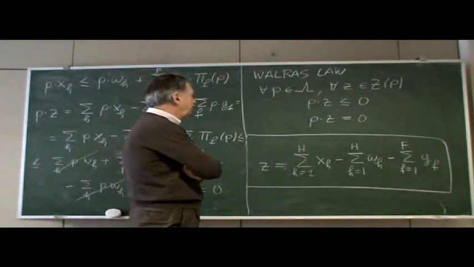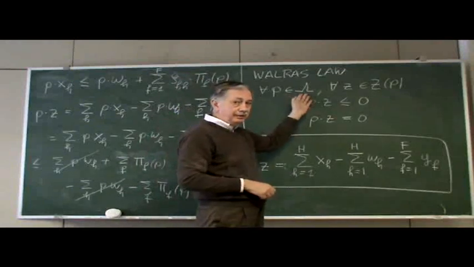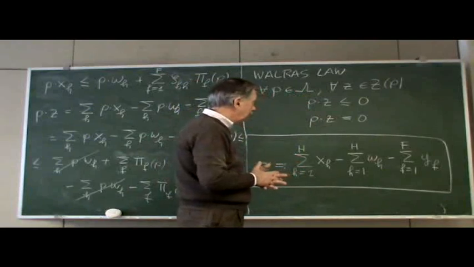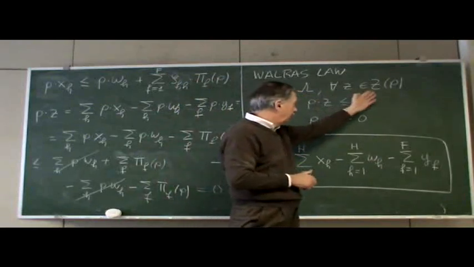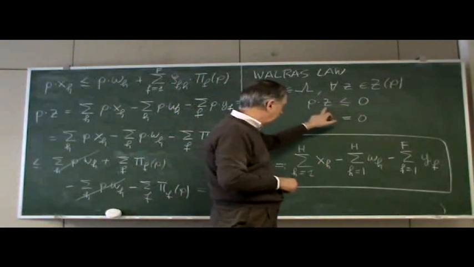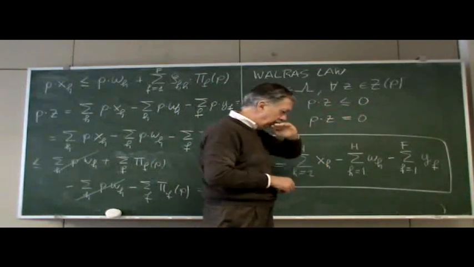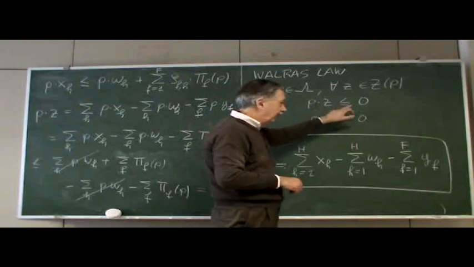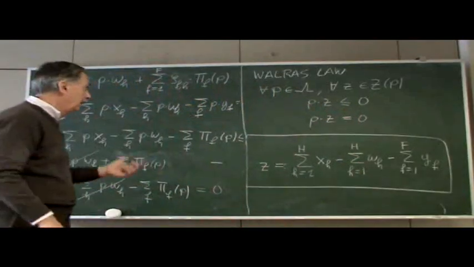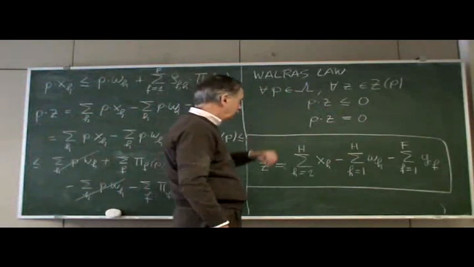Take any price system according to which every firm is able to maximize its profit, and every vector of excess of demand, the value of that vector cannot be a positive number. Weak Walras' law.